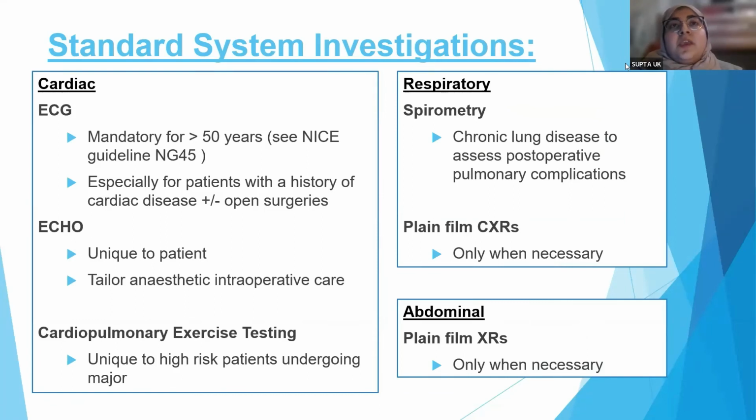It's not something that you'll be assessed on or asked about, but it's worth noting that it's mandatory for those over 50. That rule can be negated if a patient has a history of cardiac disease, had previous open surgeries, or has a family history of sudden cardiac death.